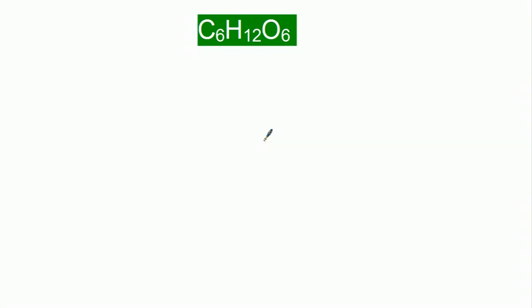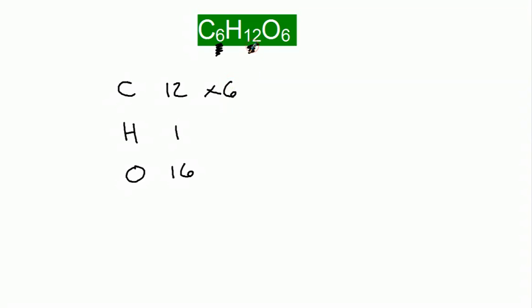Getting more complicated now, though it's not that complicated. This is glucose. We've got carbon, hydrogen, oxygen. They're the only letters there, so those are the only elements that are there. From your periodic table, you can look up that the atomic mass of carbon is 12, hydrogen is 1, oxygen is 16. This 6 is only associated with the carbon, so it's times by 6.